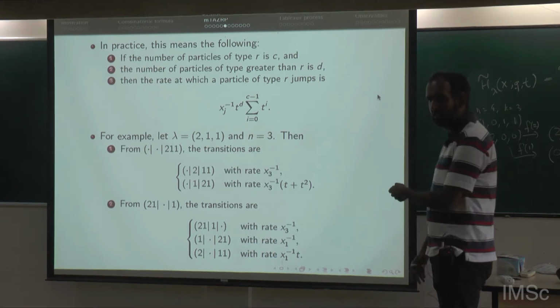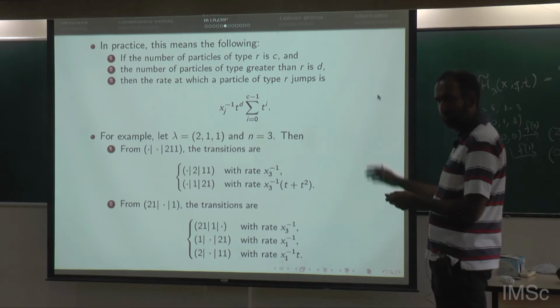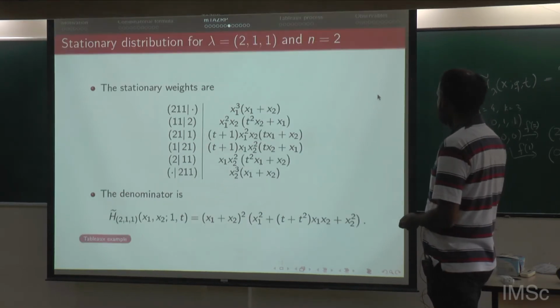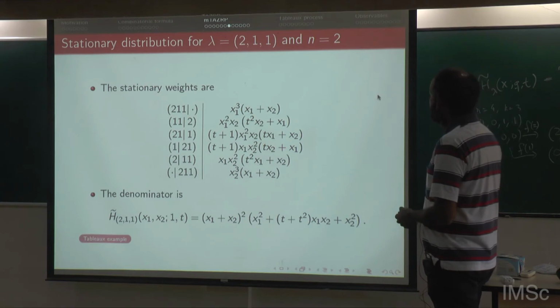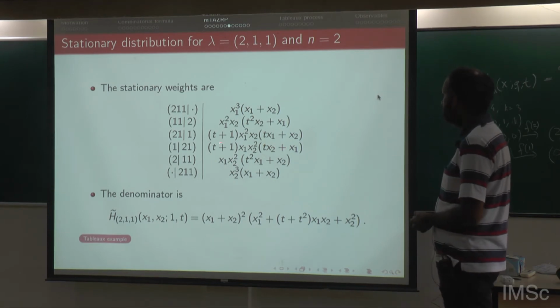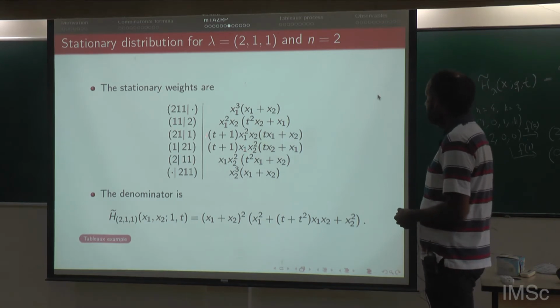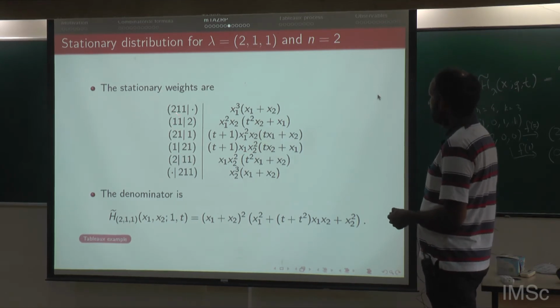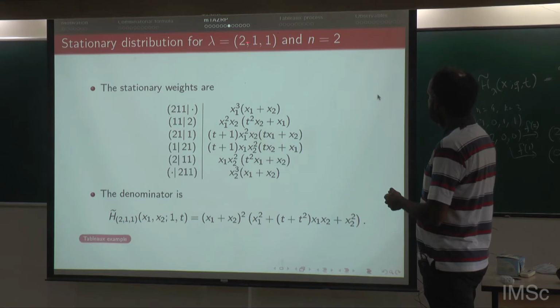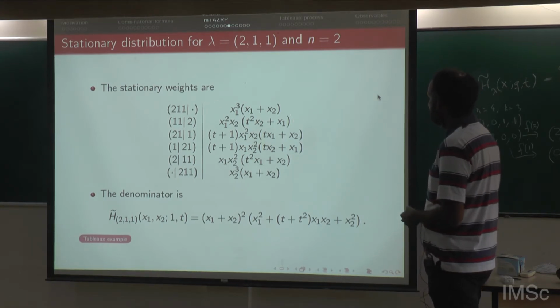And you can see the connection to the t numbers, right? 1 plus t squared. So the stationary distribution has this complicated, well, not terribly complicated expression. So remember, this is for this example that I mentioned before, partition 2, 1, 1, n equals 2. These are the formulas.